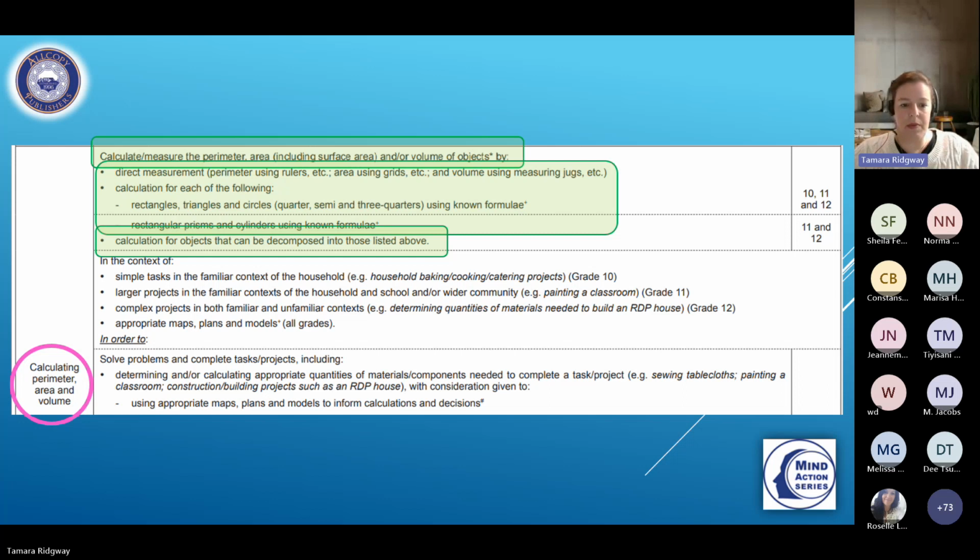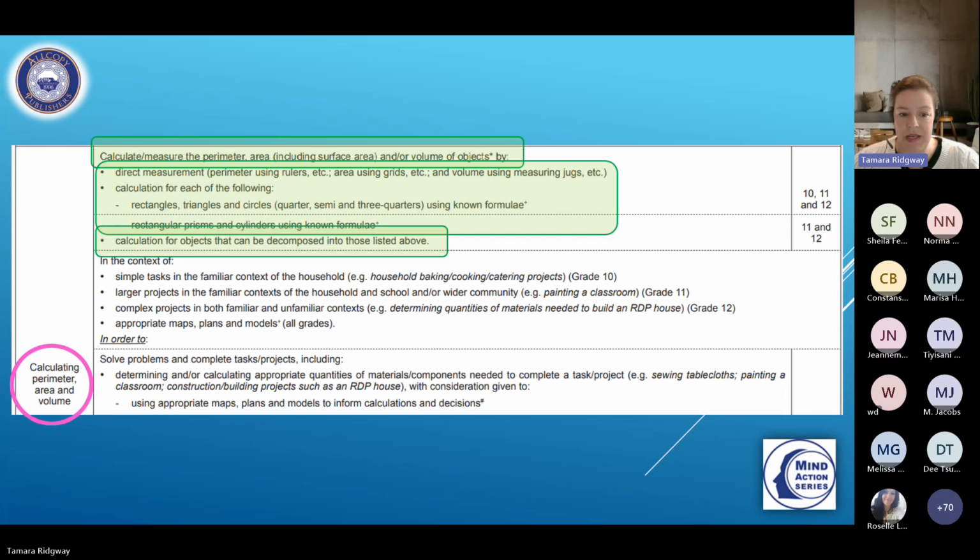For the circles, it can be quarters, semi, and 3/4 using known formula, and then also rectangular prisms and cylinders using known formula. Those are the shapes that we should be working with. Those are the shapes that are examinable. I'm going to explore those shapes and what that means for us.